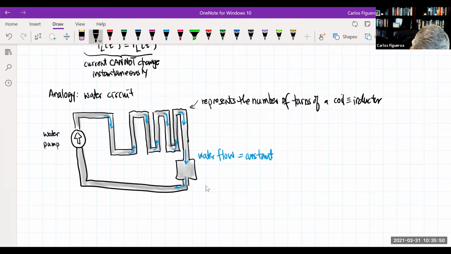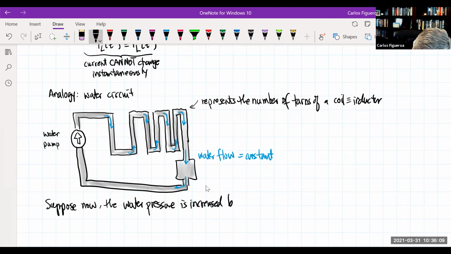Suppose the water pressure is increased by the water pump. What you do at the water valve is you increase the amount of water flow that goes through it, but it's really the pump that's doing that.